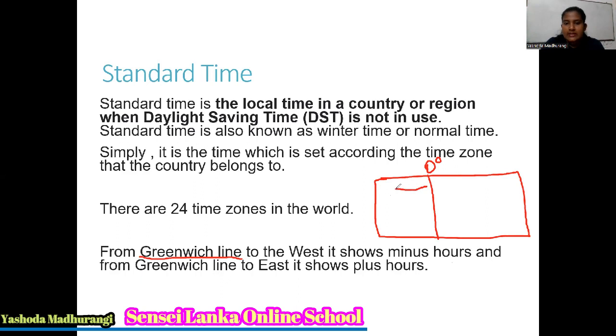From the Greenwich line towards the west, there are minus hours. When calculating standard time, we have to reduce the hours. When we are moving towards the east, there are plus hours.